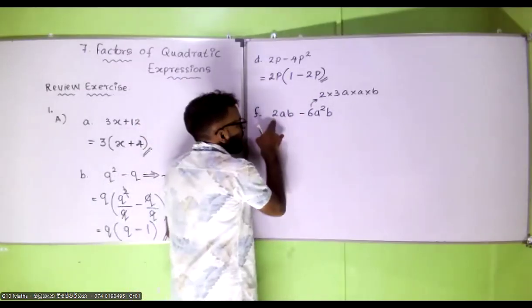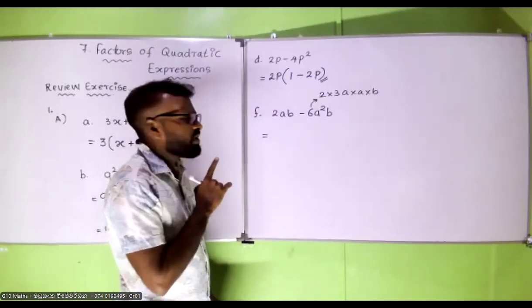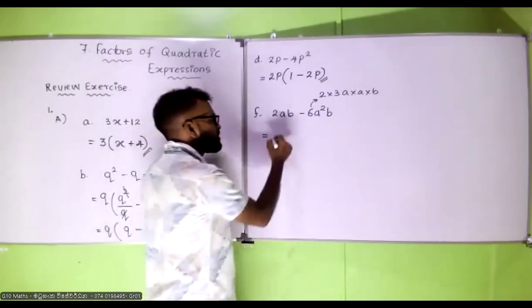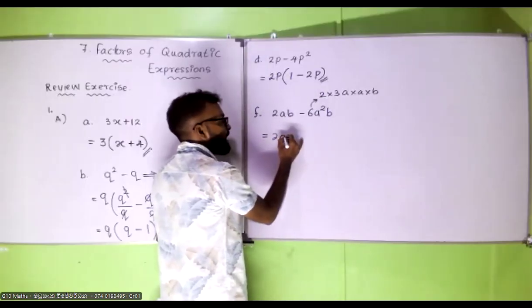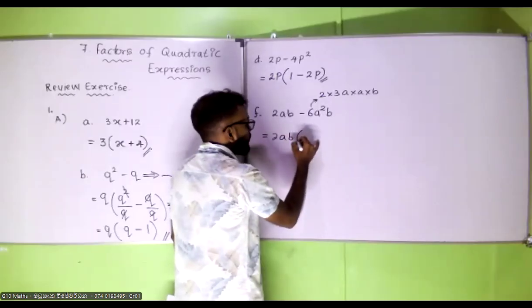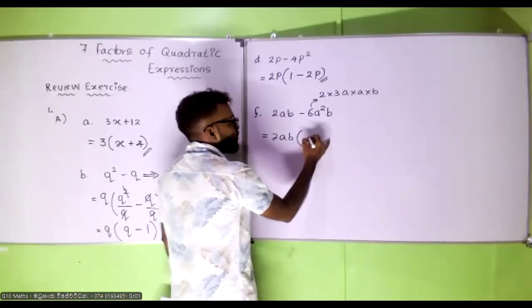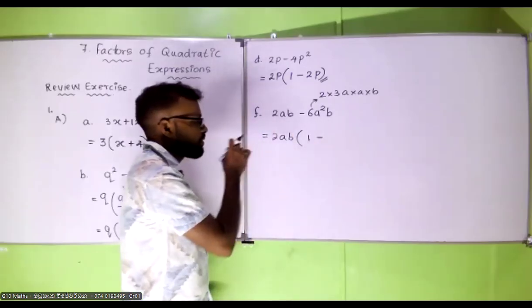So when it comes to the numbers, we are having 2 and 6. So 2 is a common term, and here you have a, here you have a to the power 2. So a is a common term. B, and here you have b. Yes, b is also a common term. So you are taking 2 out from here. So 1 is the term that you have remaining here.